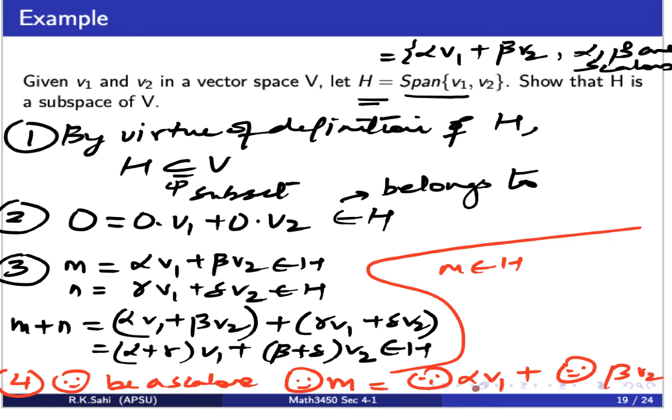Okay. Now clearly, again I see a linear combination. Do you see that over here?